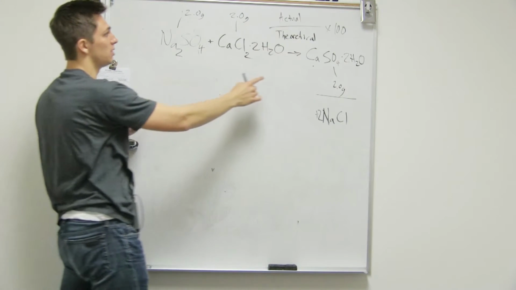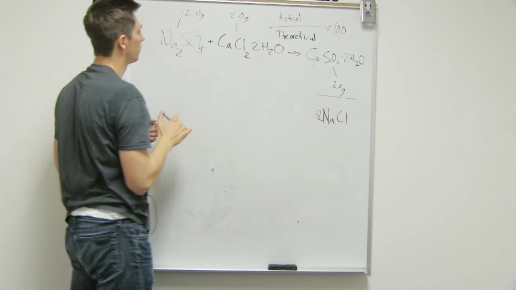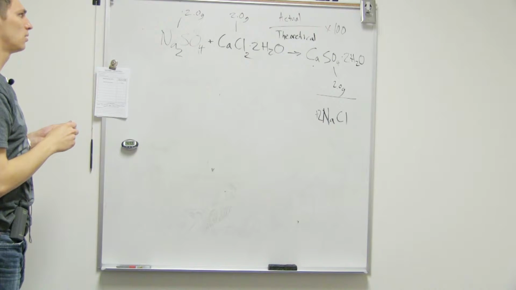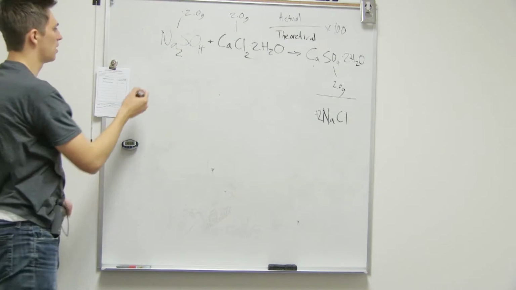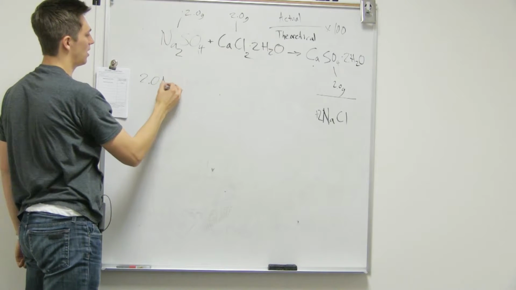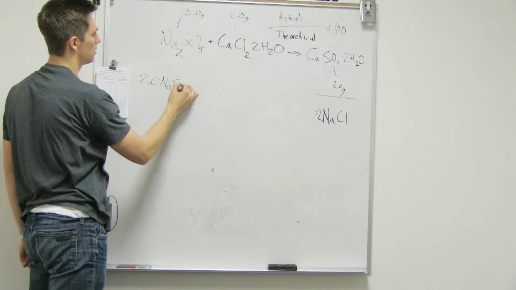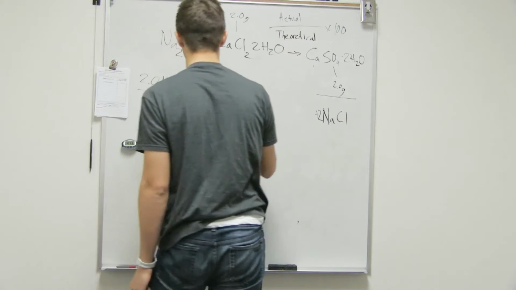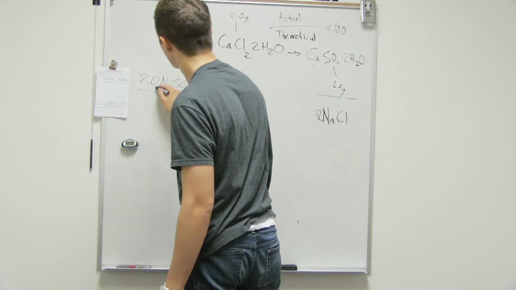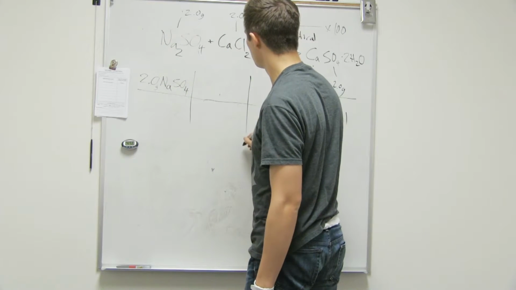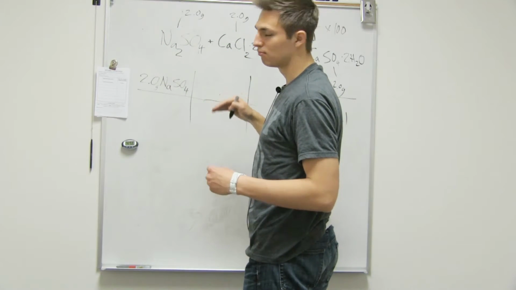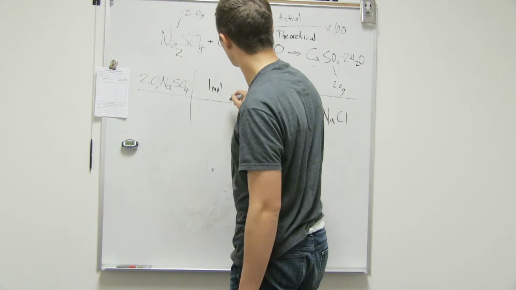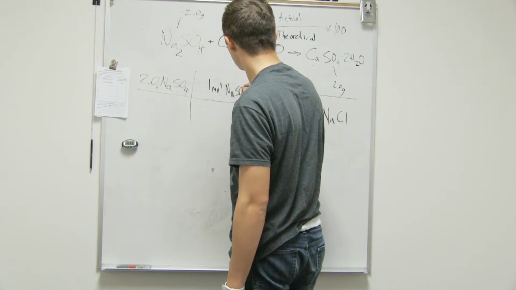How much is supposed to be produced over here? Now let's try it. 2.0 grams of Na2SO4, right? When you do the molar mass, go to moles, right? 1 mole of Na2SO4.